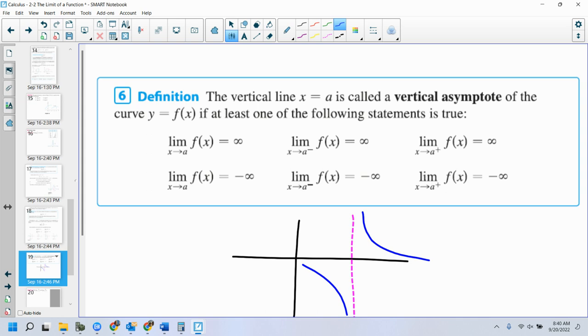What's the limit as x approaches a from the right? Positive infinity. So therefore, the full limit does not exist. Does that mean there's no asymptote there? No. That just means the limit as x approaches a from the left is negative infinity, and the limit as x approaches a from the right is positive infinity. It's okay that the limits don't match up. That just means the full limit does not exist, but it doesn't matter for vertical asymptotes. At least one of those statements must be true.